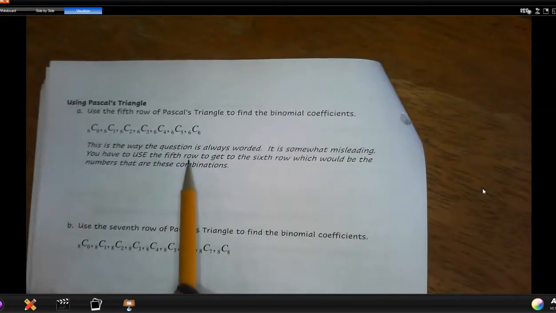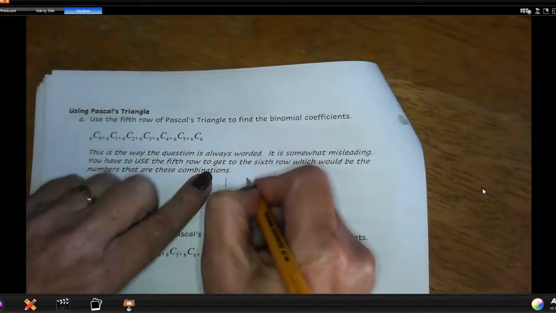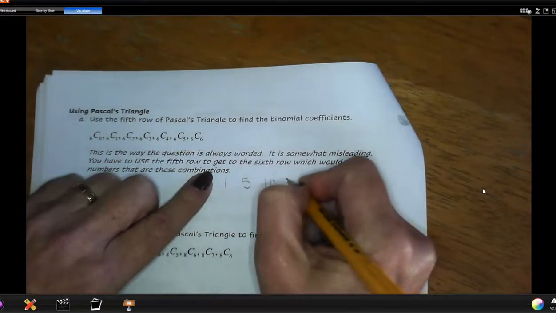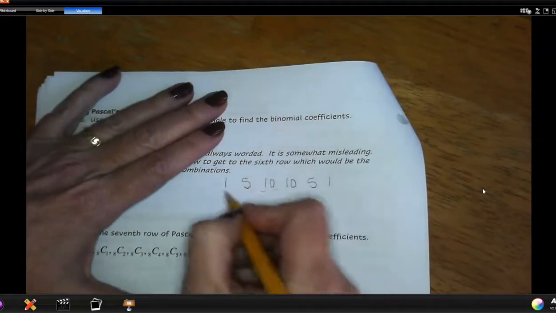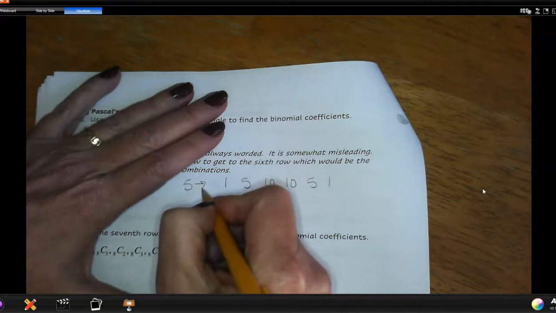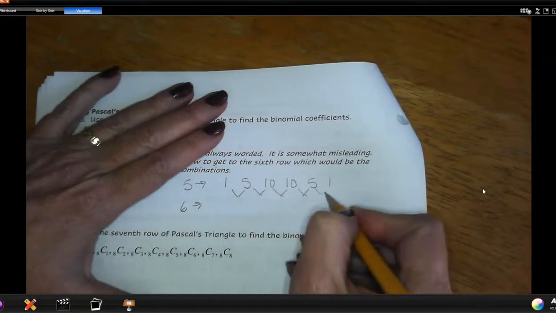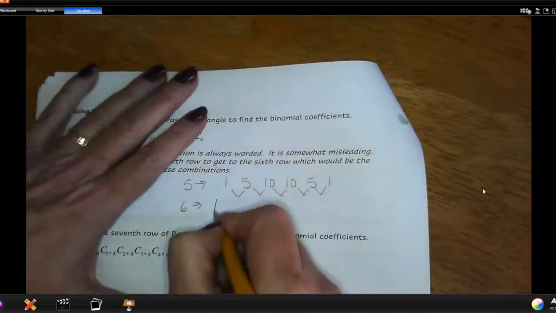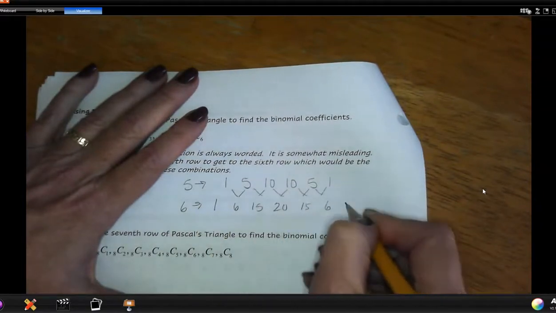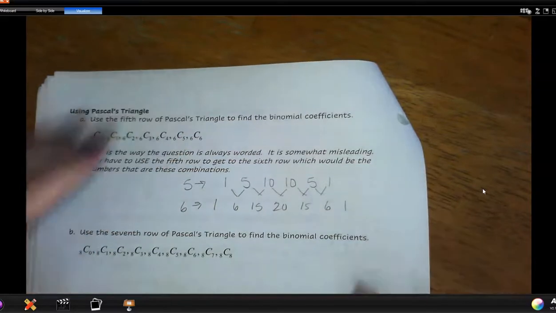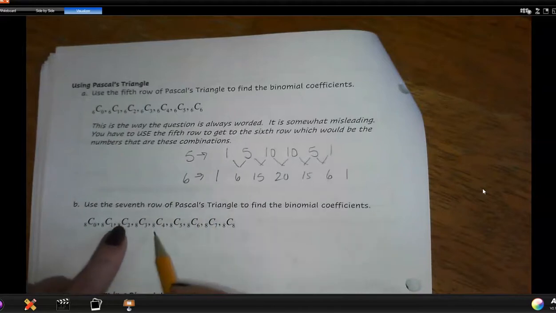You use the fifth row to get the sixth row, because remember the fifth row is 1, 5, 10, 10, 5, 1. So this would be the fifth row, but we want the sixth row, so we use, remember how we were using this? So that's why you need to use the fifth row to get to the sixth row.